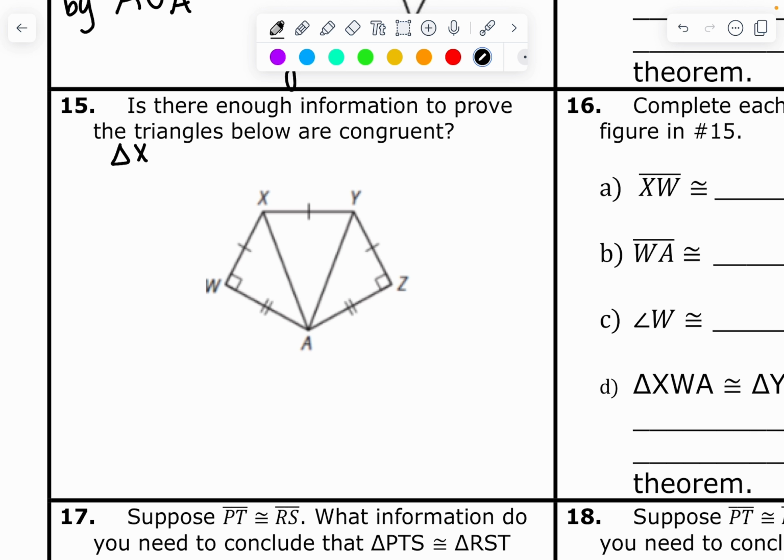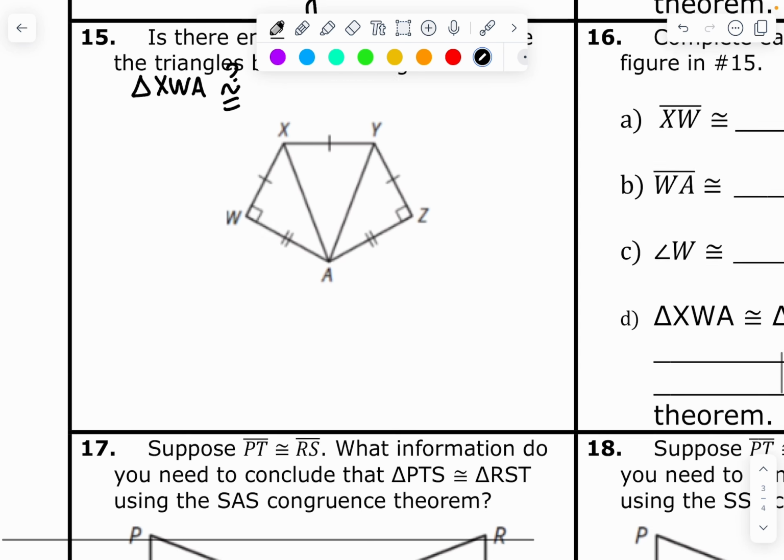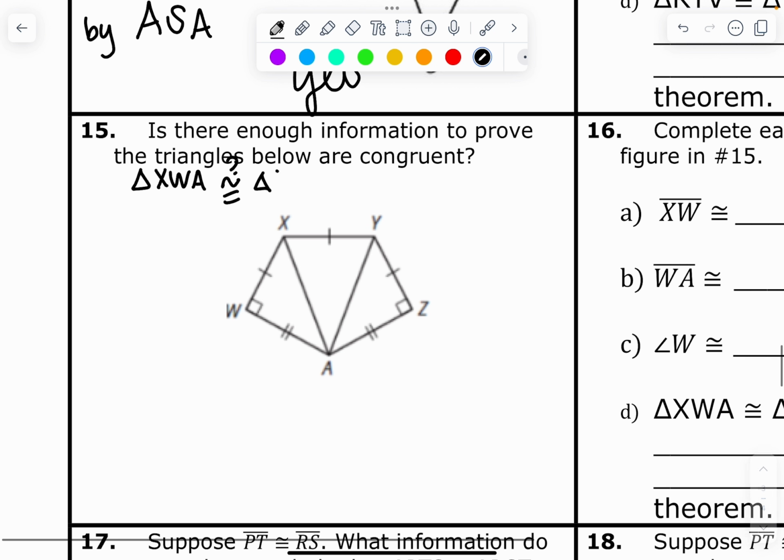So is triangle XWA congruent to triangle YZA? That's what we're trying to figure out. And the answer is yes, there's enough information. If you look right here, you will see the side, an angle, and a side.